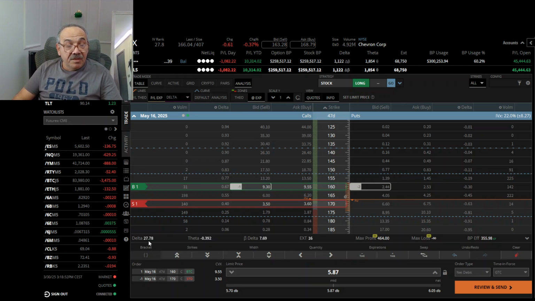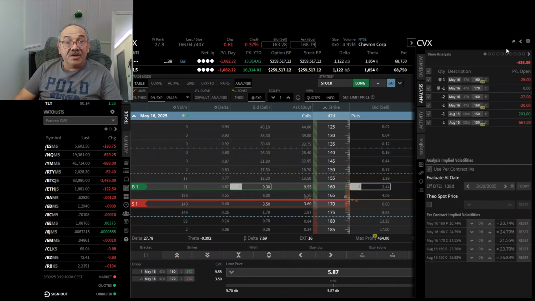This way we will also increase delta by 27. But in this case, we have to do it with a debit, about 6. But we reduce our buying power by $355.